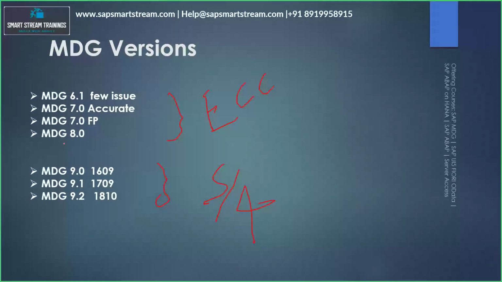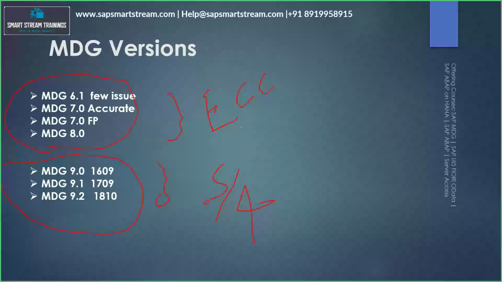So below 9 versions, these all follow ECC. At that time, in 2008, there was no S4, there was no HANA DB. Whenever the HANA DB was designed, then the database became available. From 2016 onwards, this is implemented.